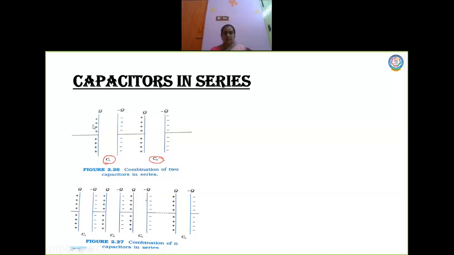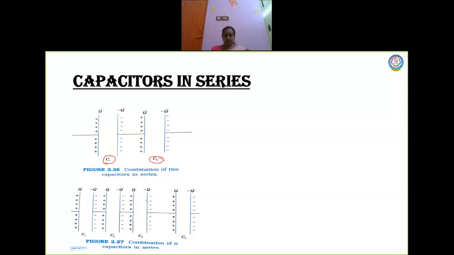Here this plate will have positive charge, which is plus Q, and here you have minus Q, right? And also the right plate of C1 has minus Q charge and the left plate of C2 has plus charge.